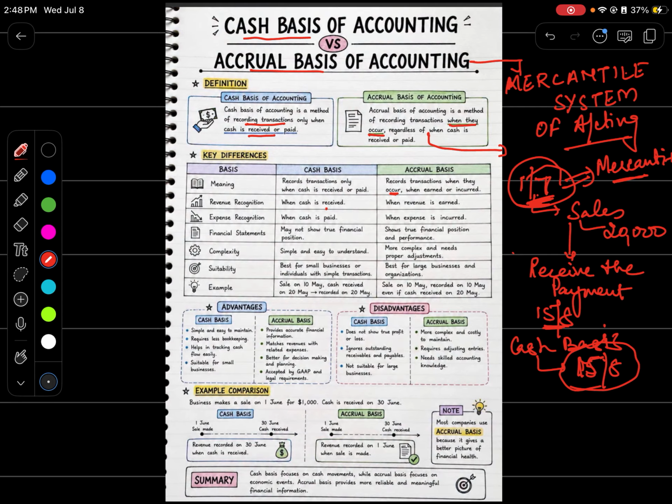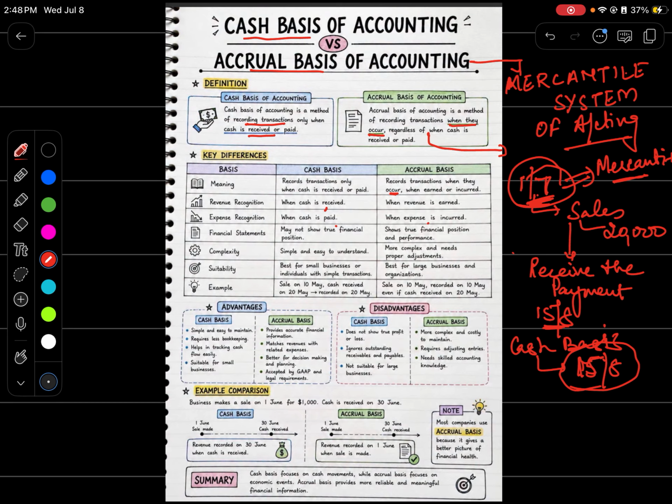Revenue is recognized when cash is received. Revenue is recognized in case of accrual basis when revenue is earned. Similarly, for expenses, whenever the cash is paid, the transaction is recorded. In case of accrual, whenever the expense has been incurred, the transaction is recorded.